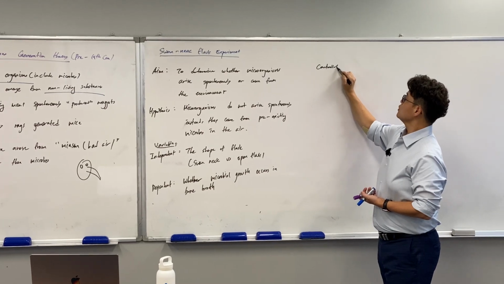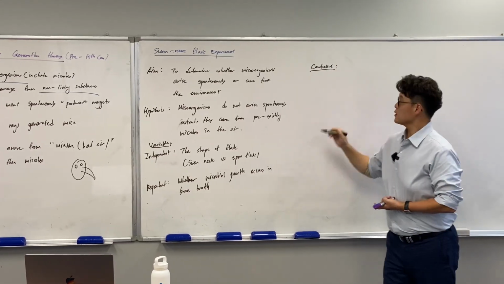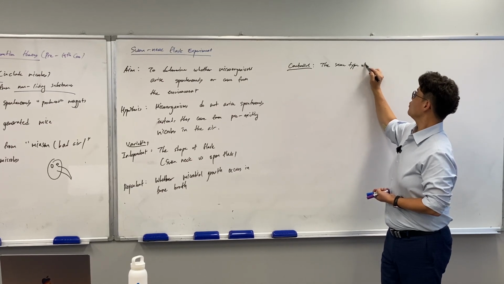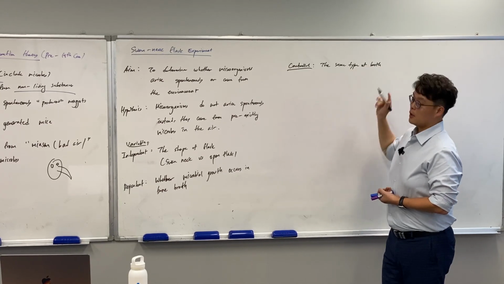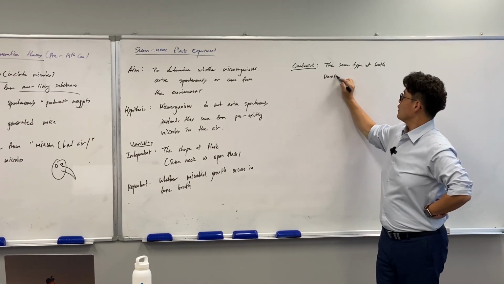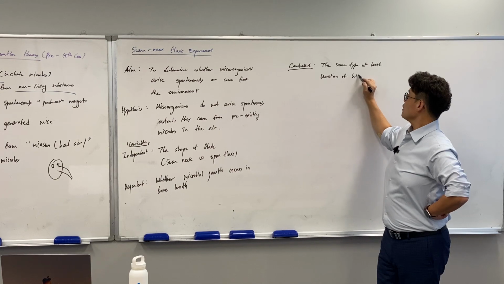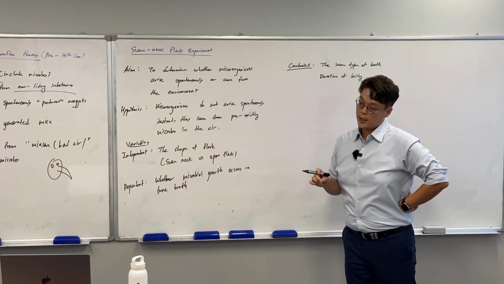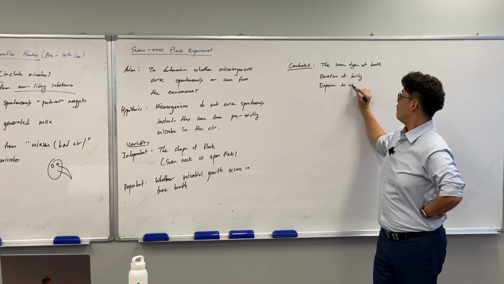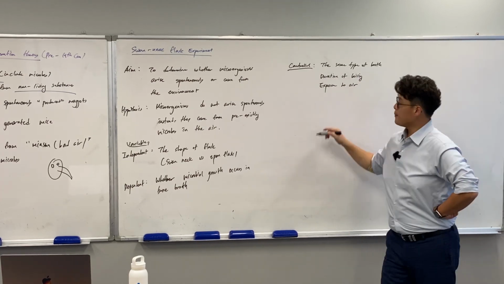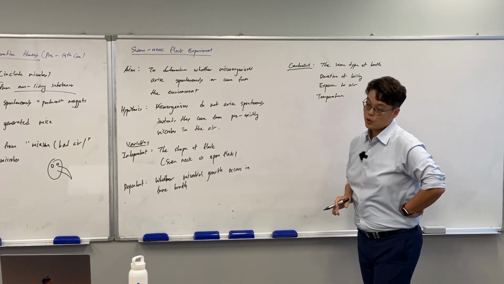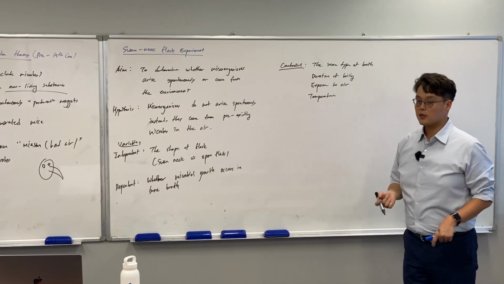Control variables: you use the same type of broth, the bone broth in this case, the duration of the boiling, and also the exposure to the air. The temperature he used, all controlled too, and obviously the environmental conditions.